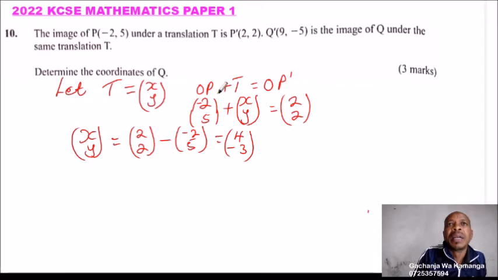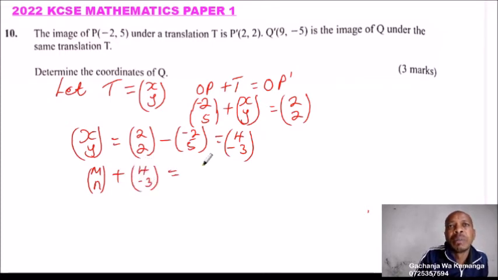Now if we are given Q, let's have m and n as the coordinates of Q. If we add the translation, that is (4, -3), it should give the image of Q, OQ prime, which we have been given. It is (9, -5).